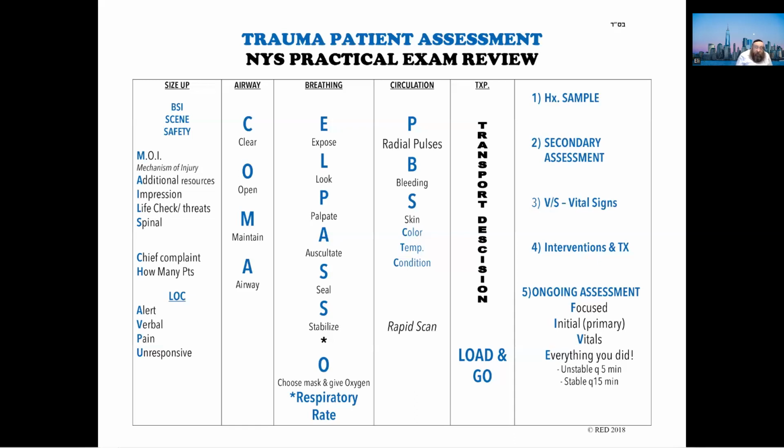P is palpate. We're still talking about the chest. I cannot explain how to do that in a lecture, but you will be shown on a skill night how to palpate the chest correctly. We're looking for broken bones, flail segments, stuff like that. A, auscultate. What does the word mean? It means to listen. Auscultate means to listen with a stethoscope.